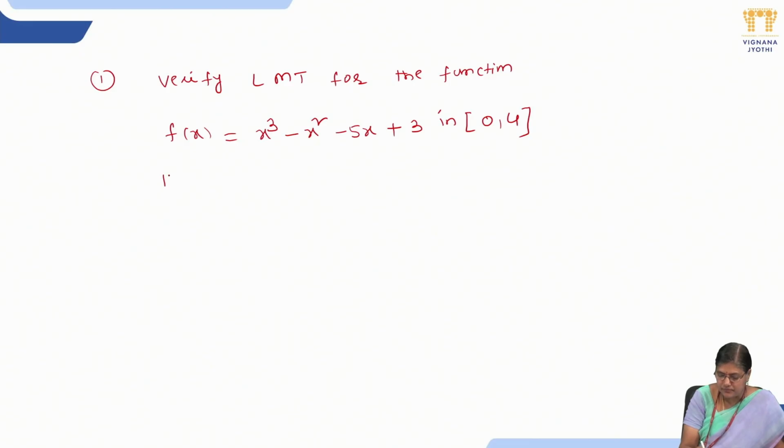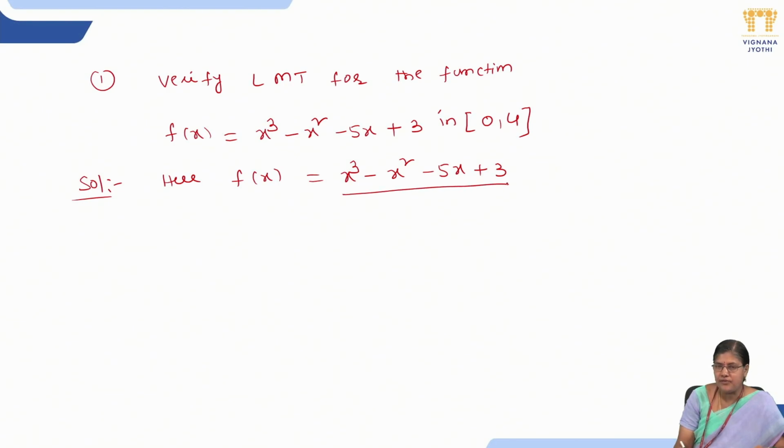Here, given that f of x is equal to x cube minus x square minus 5x plus 3.